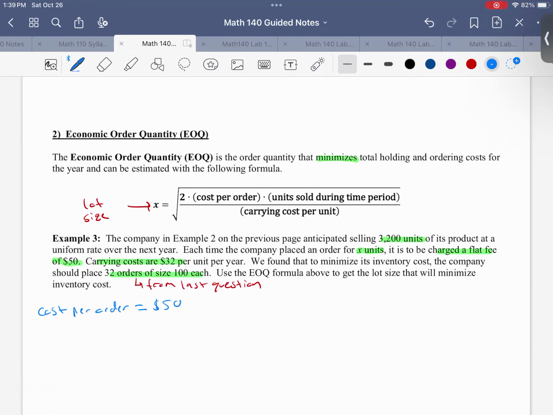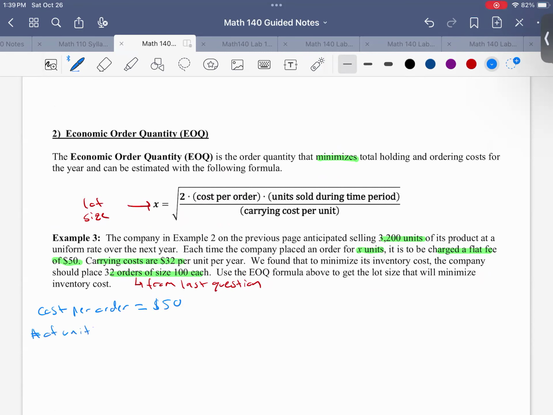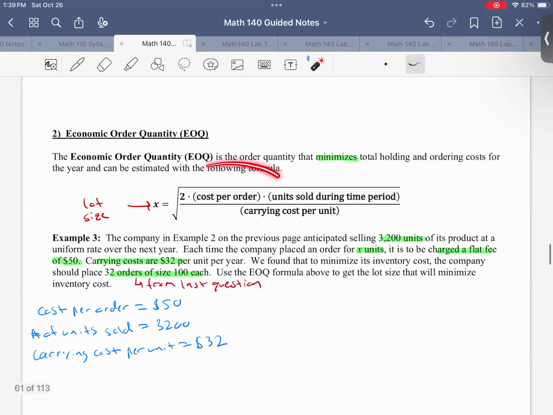My number of units sold during that year is still 3,200, and the carrying cost per unit is still that $32 that's stated. So I'm just going to take all of these and throw them into this formula and get my lot size.